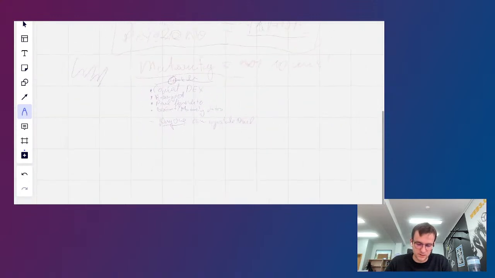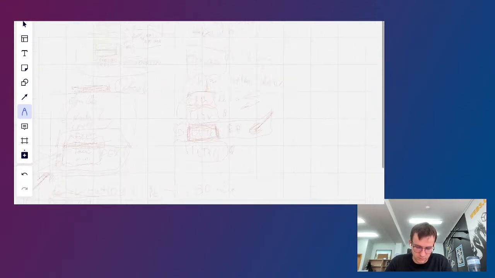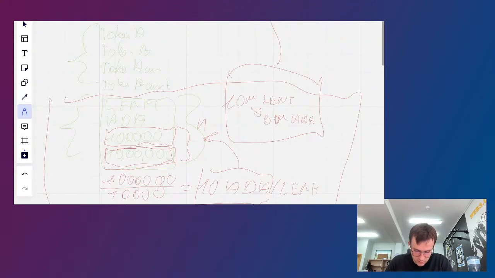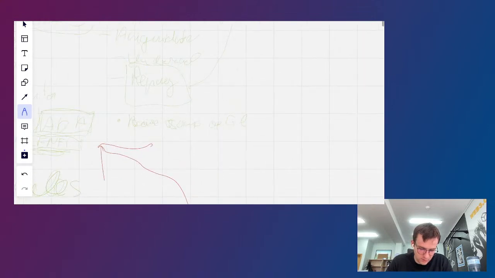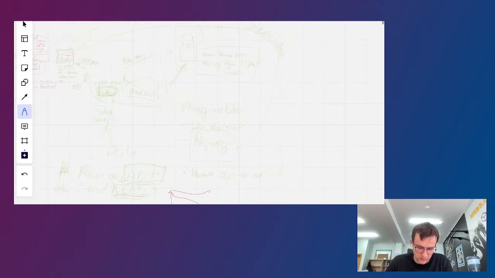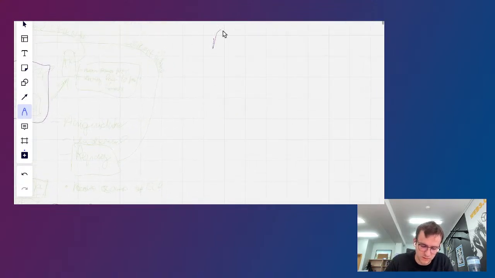Okay, so let's go back to the loan. Here the guy has taken out the loan and repaid the loan. Before repaying, there was a pool.